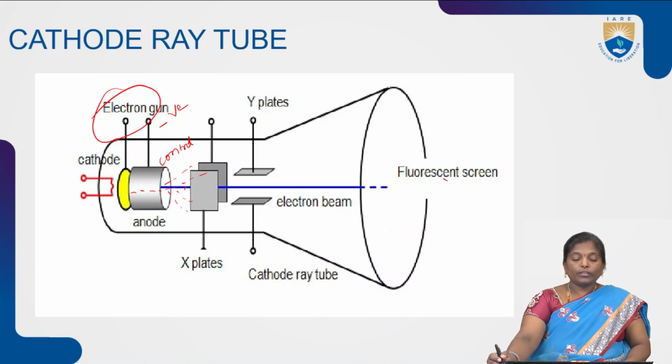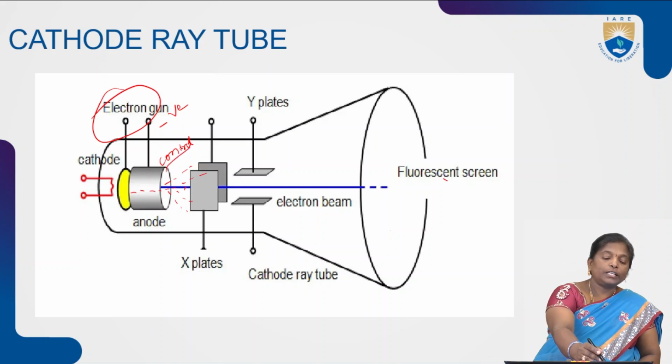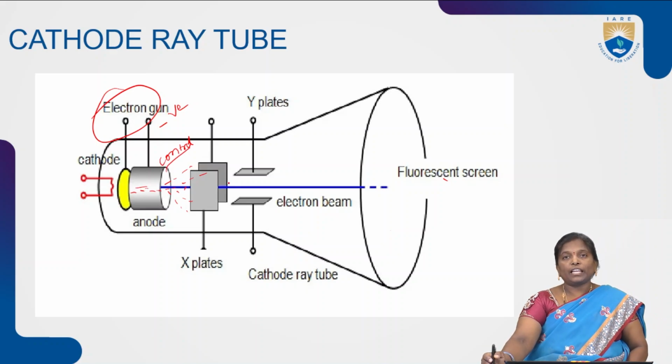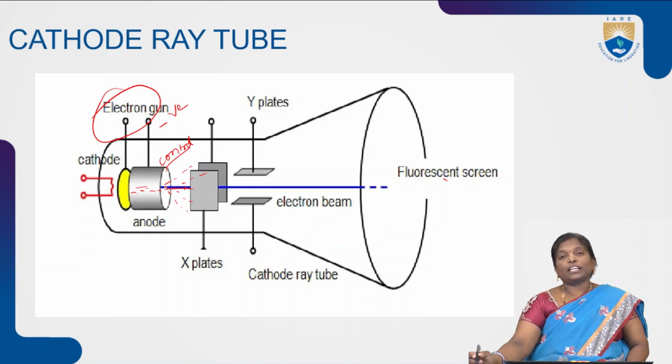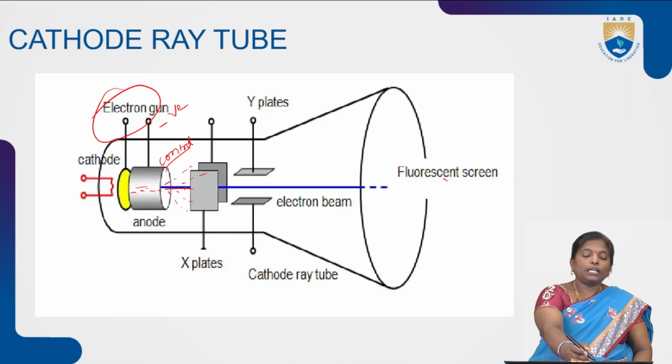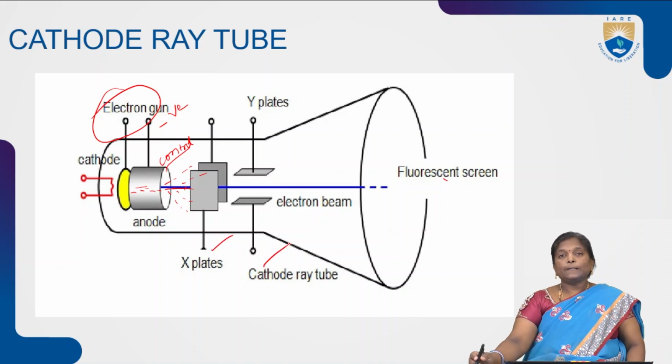So with the help of the control grid, all the electron beams coming from the electron gun are formed at one particular position and pass through the X and Y deflection plates.